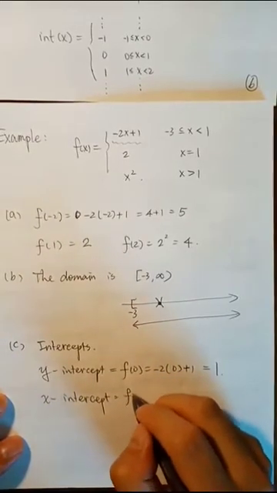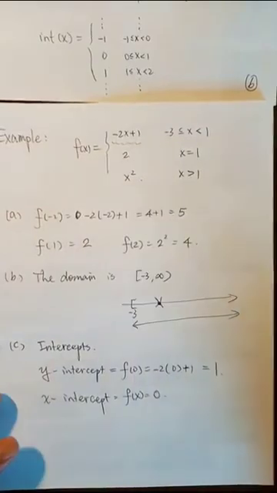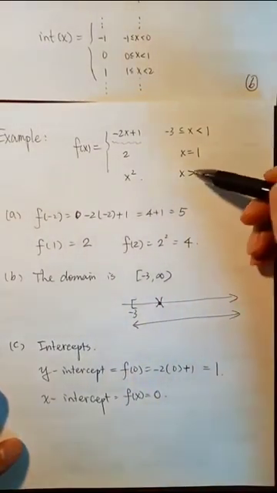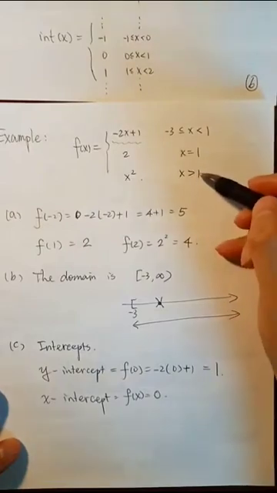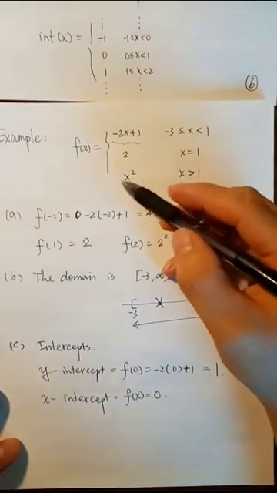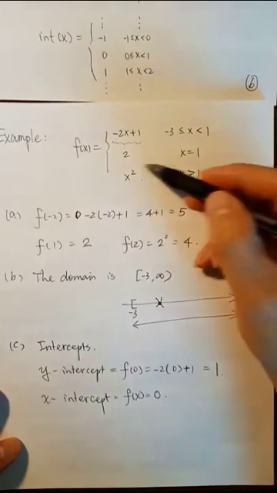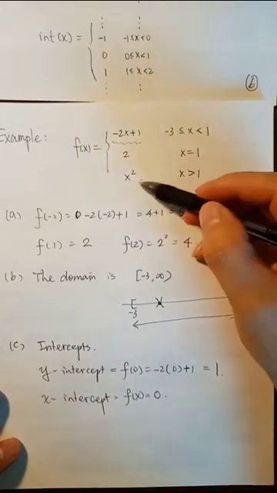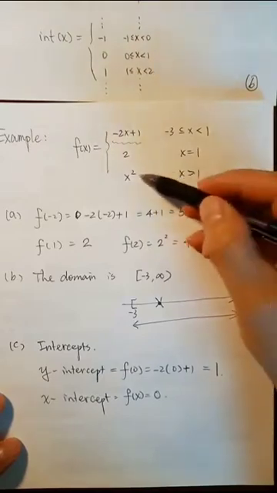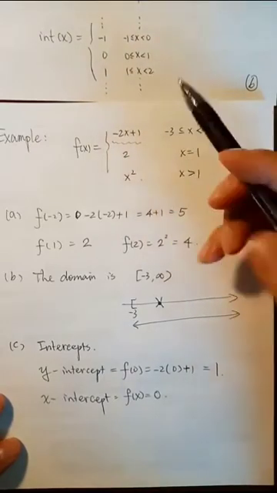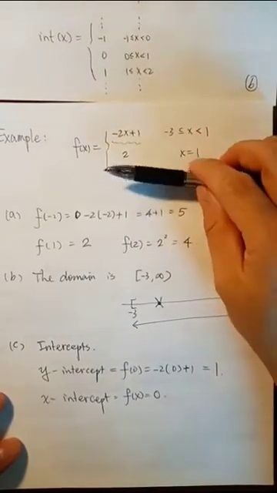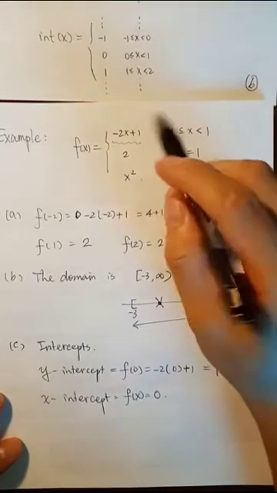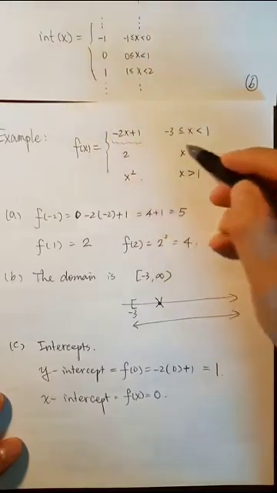X-intercept means you have to solve f(x) equal to 0. Study the case where x is greater than 1: x squared is greater than 1, so f(x) cannot be 0. When x is 1, the value is 2, so it cannot be 0. So if the x-intercept exists, it must occur in the first situation.